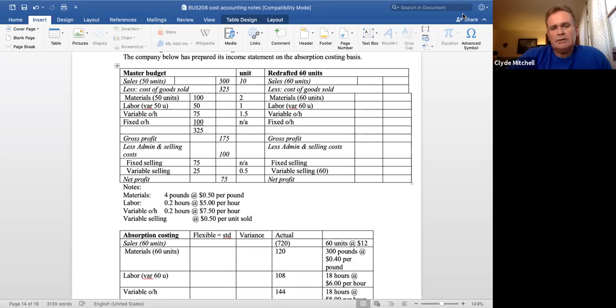Now, when we get to the actual period, the level of production and sales might differ significantly from that master budget amount. And it's of little value comparing actual results against a master budget if they're based on different levels of activity. So our first step is to take that original master budget and to revise it or flex it or vary it so that it matches our actual level of activity.